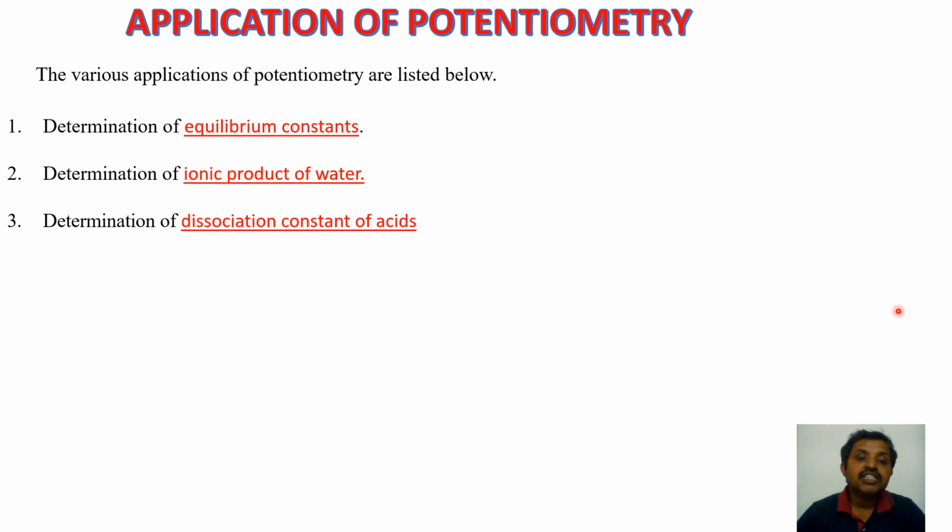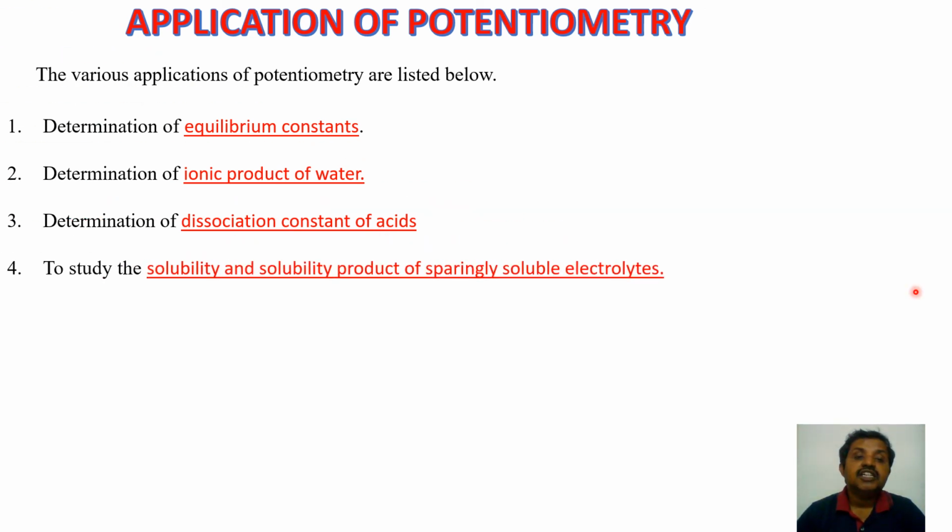Next, it is used in calculating the dissociation constant of acids. Next, it is used to study solubility and solubility products of sparingly soluble electrolytes, that is sparingly soluble salts. To know the solubility of sparingly soluble salts or the solubility product of sparingly soluble electrolytes, potentiometry is used.